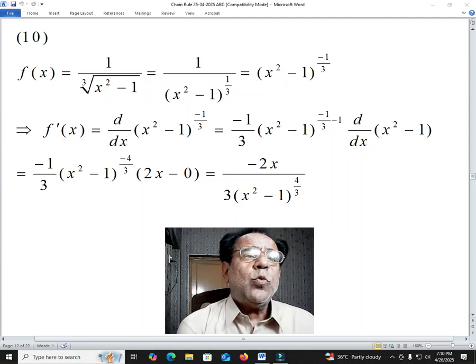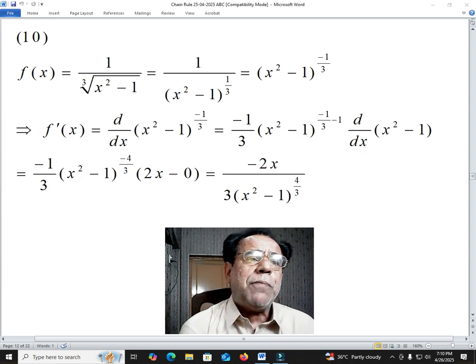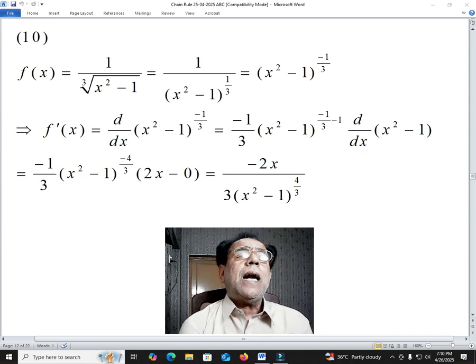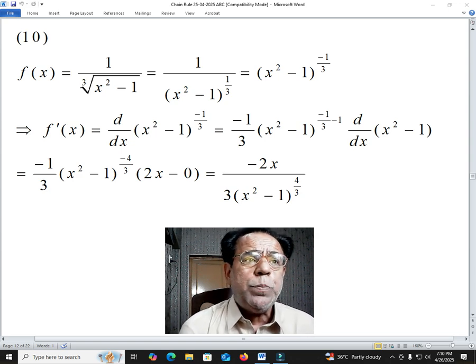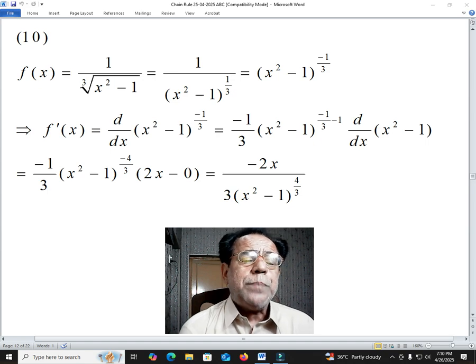f(x) is equal to 1 over (x square minus 1) raised to power 3 over square root sign. Okay, this is equal to power 1 by 3. This is called cube root. When we say simply cube, it means power 3. When we say cube root, it means power 1 by 3.